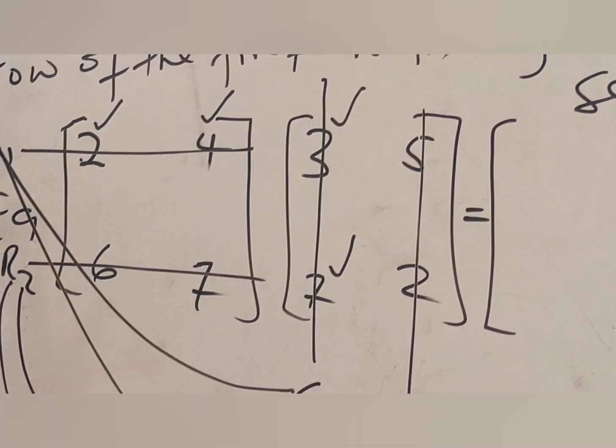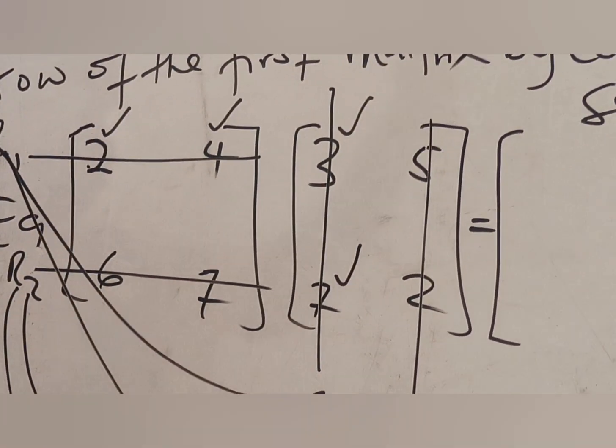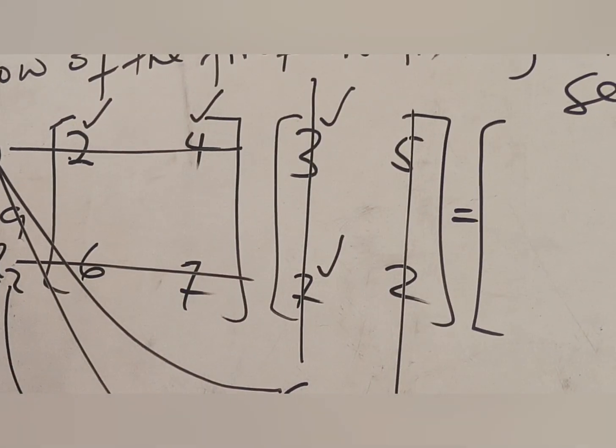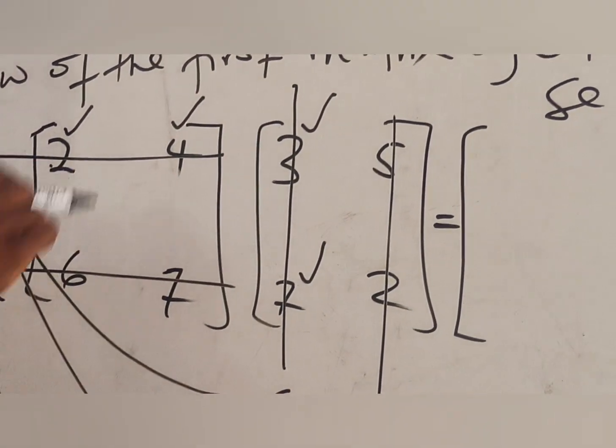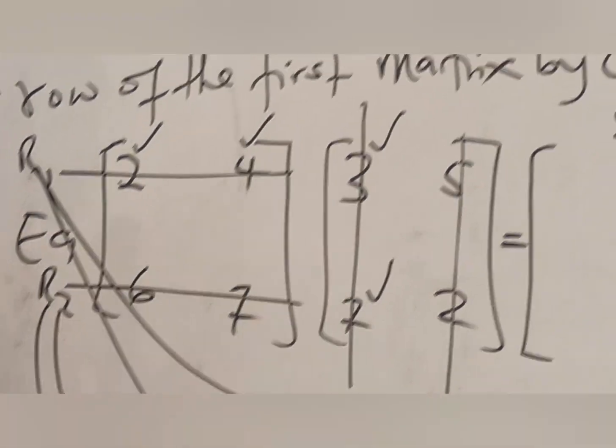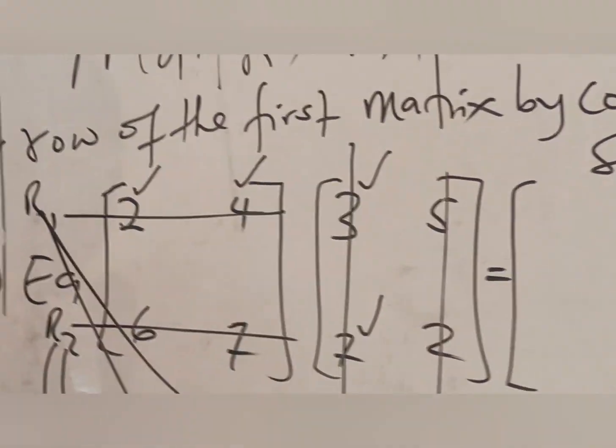Can you all see? That's how to multiply. Row, column. First on the row, first on the column, they multiply. Second on the row, second on the column, they also multiply. Then you sum the two results. Can you all see? Yes.